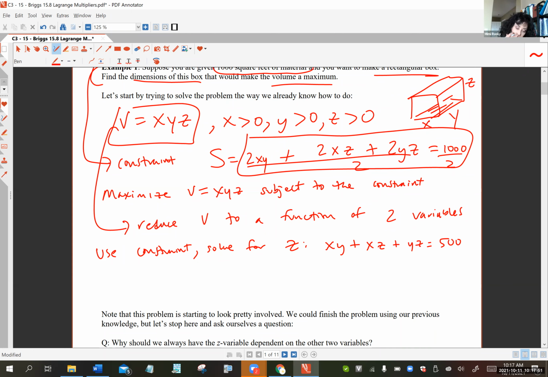To solve for z, I'm going to first subtract the xy from both sides. And then I'm going to notice that the two terms that are left have a common factor, which is z. So when I factor out the z, the other factor is x plus y. And then finally, to solve this for z, I'll divide both sides by x plus y, right?